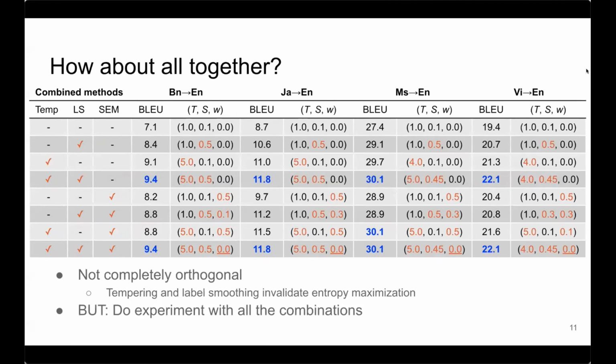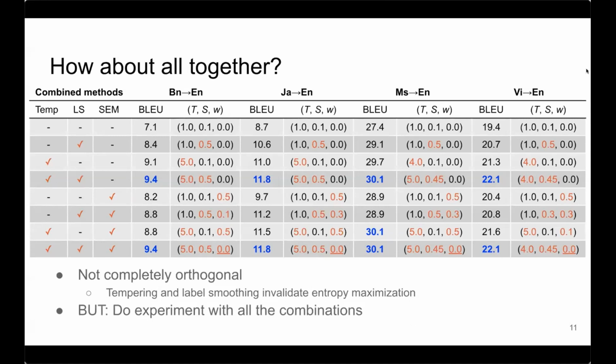When we perform label smoothing and softmax entropy maximization together, once again, a high label smoothing value of 0.5 and softmax entropy maximization weights between 0.1 to 0.3 tend to have a strong impact on quality, but not as much as temperature and label smoothing.